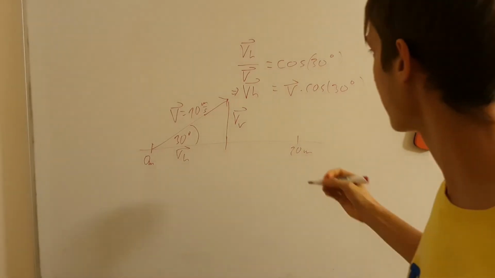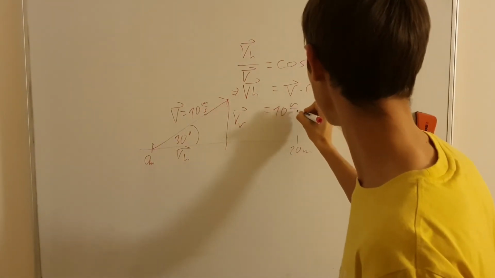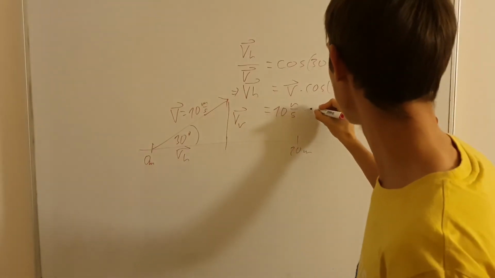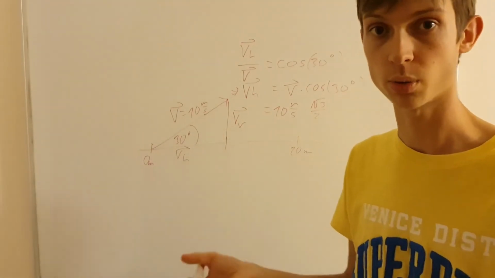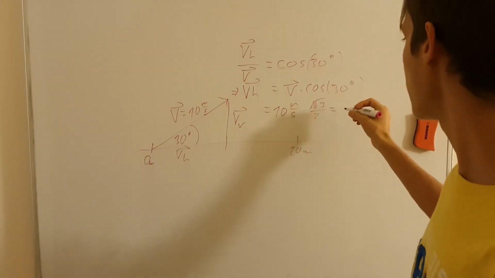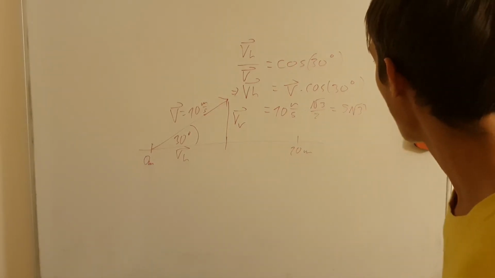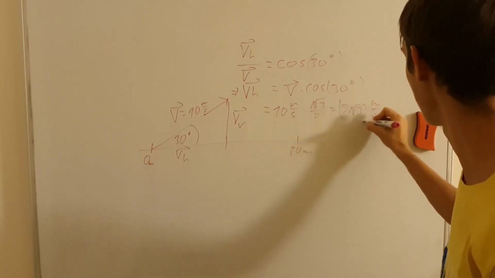And what that is basically, just to substitute, well, this is 10 meters per second, and I'm multiplying by cosine of 30 degrees. Cosine of 30 degrees is square root of 3 over 2. It's a table value, that's why I actually in the first place chose this 30 degrees. Just multiplying things out, what it really gives is this rather nice expression, 5 times the square root of 3 meters per second.